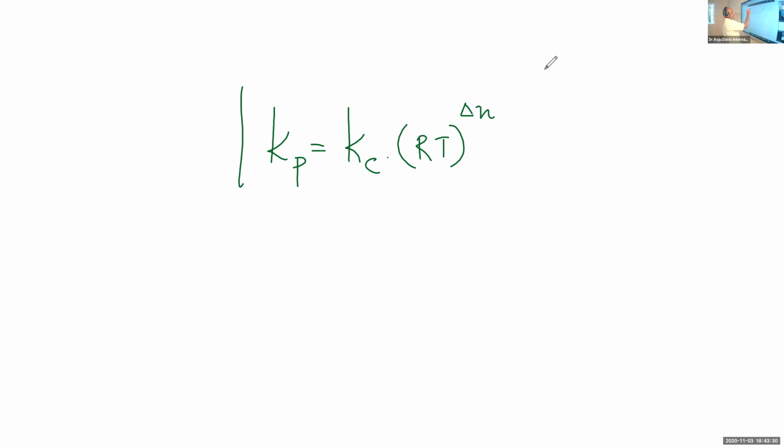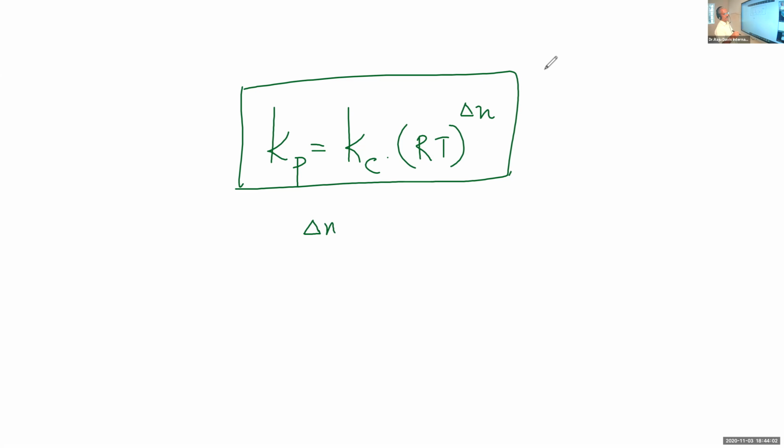That is the relation between Kp and Kc. Kp is the equilibrium constant in terms of partial pressure, while Kc is the equilibrium constant in terms of concentration. R you know, that is the gas constant. T is the absolute temperature. And what is delta N? Delta N is the difference in the number of moles of the gaseous products and reactants.